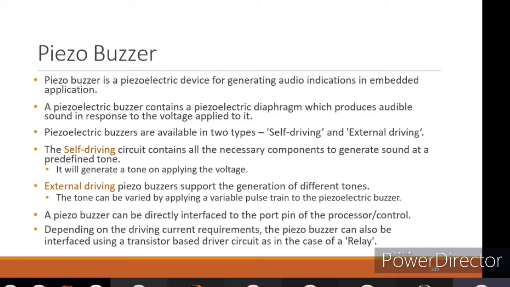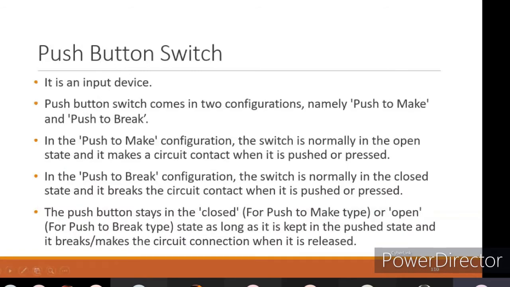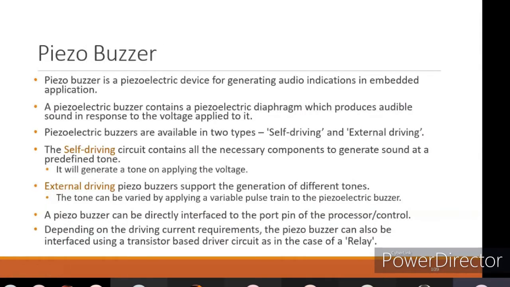External driven piezo buzzers support the generation of different tones, and the tone can be varied by applying different types of pulse trains to the piezoelectric buzzer.